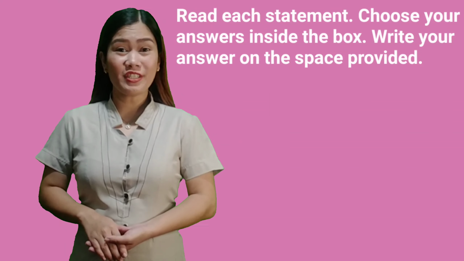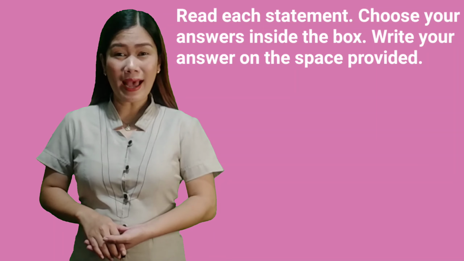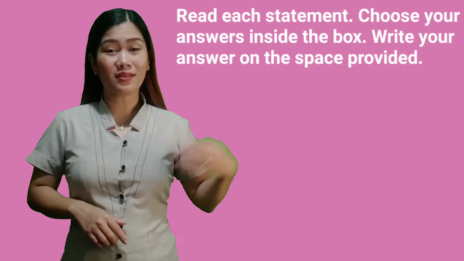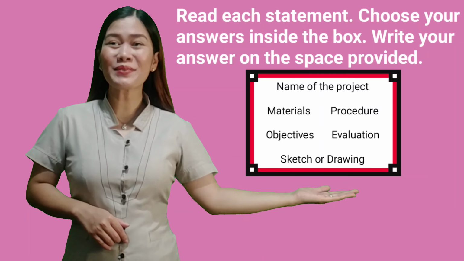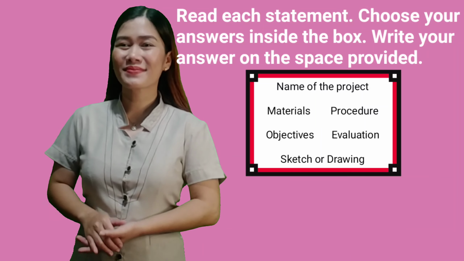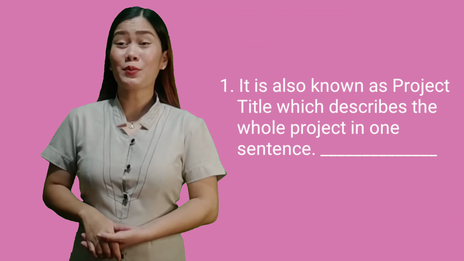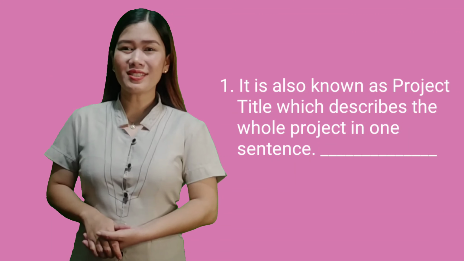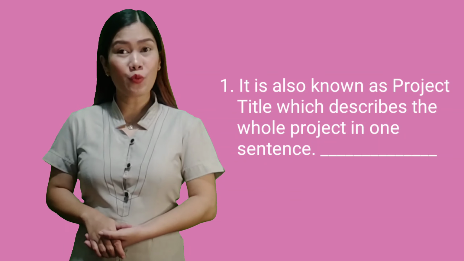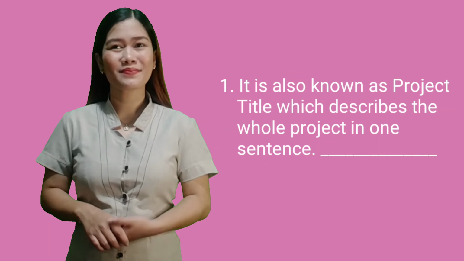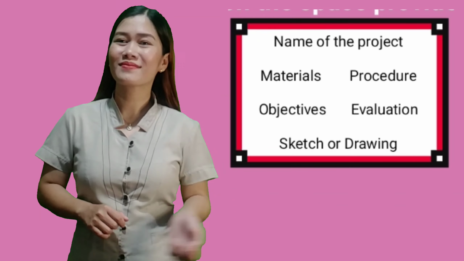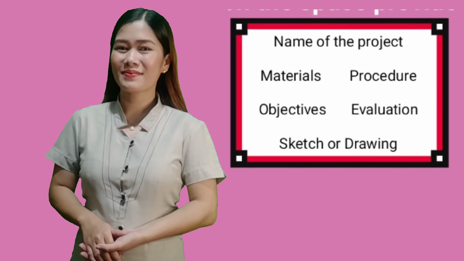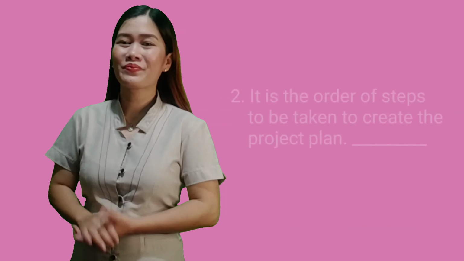Directions. Read each statement. Choose your answers inside the box. Write your answer on the space provided. Number 1. It is also known as project title, which describes the whole project in one sentence. Number 2.